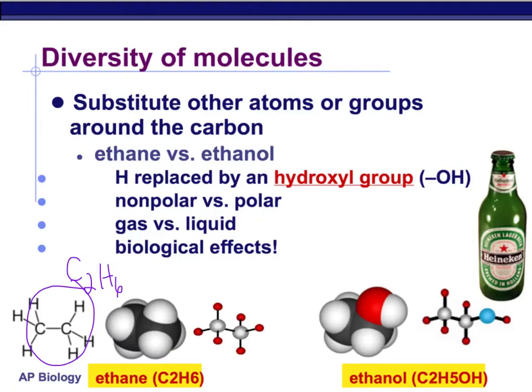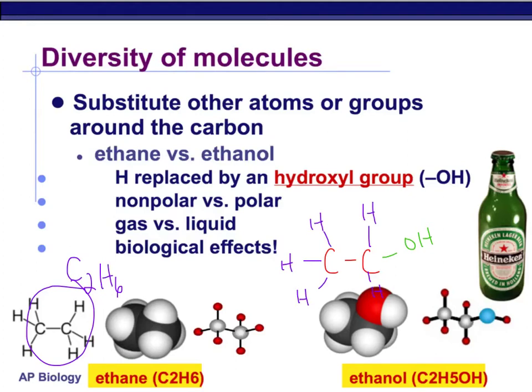I guess I can draw it for you, or try to draw it for you. Don't laugh. So ethanol also has two carbons. The first carbon has 3 hydrogens bonded to it, whereas the last carbon has 2 hydrogens and a hydroxyl group. Okay, so let me write the structural formula if I can.